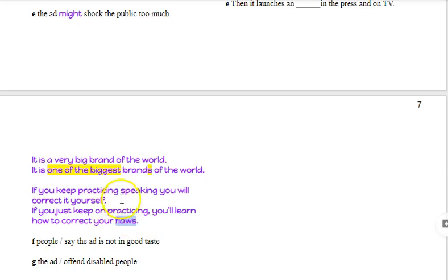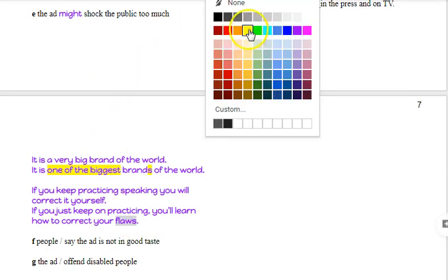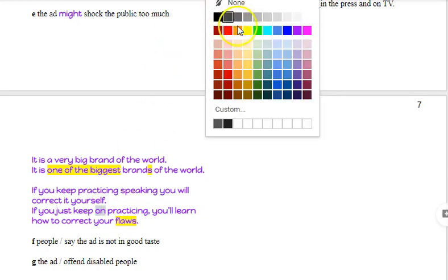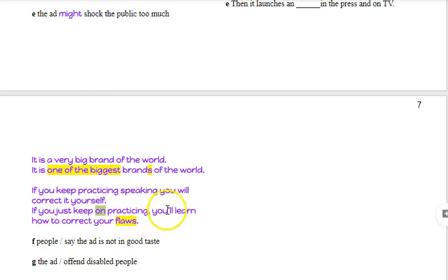Actually, in my case, before, I didn't used to correct my students' mistakes. Do you know why? I was afraid they would feel bad, feel disappointed.